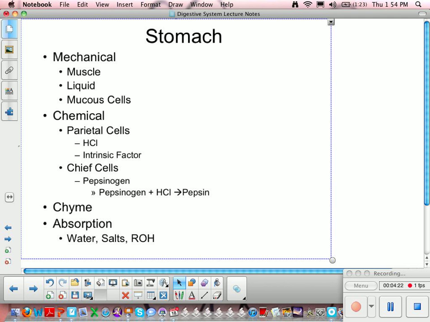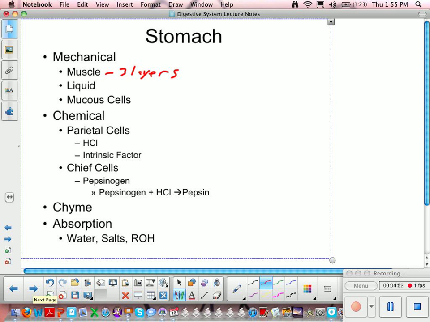Once the food passes through the esophagus, it's going to arrive in the stomach. And in the stomach, we have mechanical and chemical digestion again. We have mechanical digestion with the fact that those three layers of smooth muscle are twisting and turning and helping to crush the food together.